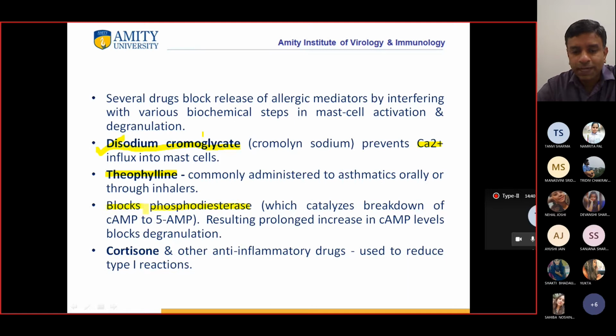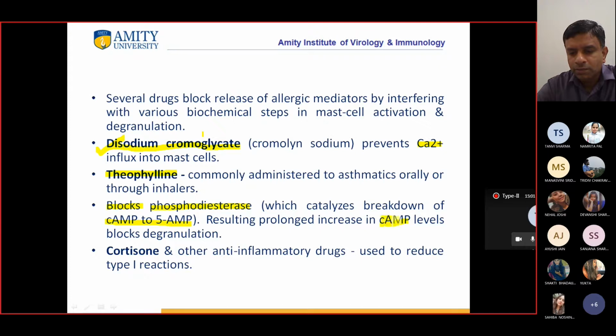Now, if you remember that pathway, cAMP to 5'-AMP conversion takes place. But we are blocking this. So this results in a prolonged increase in cAMP levels.